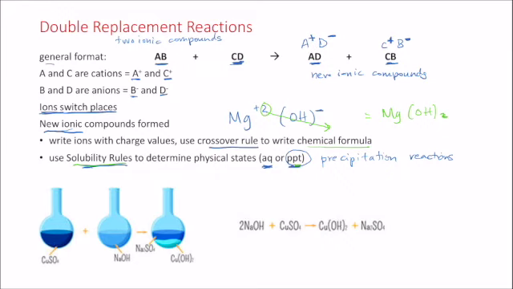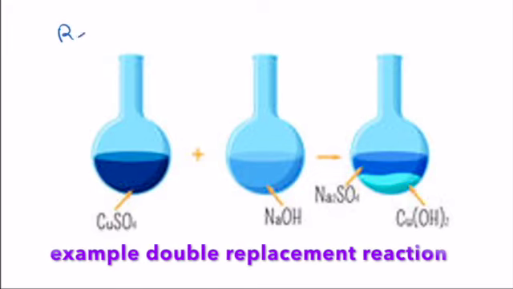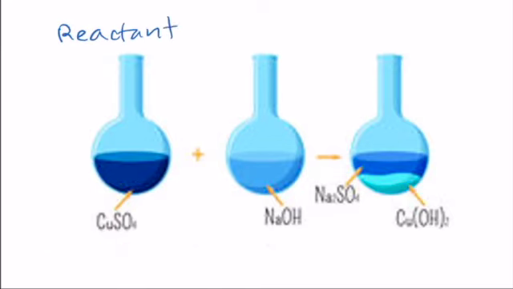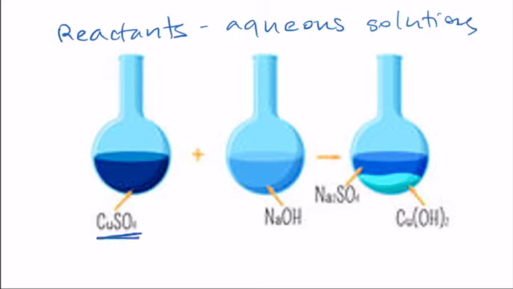If you have something that's a precipitate, that will show something like this. Two reactants are shown, and these two reactants are aqueous solutions. So this is reactant 1, that's CuSO4.